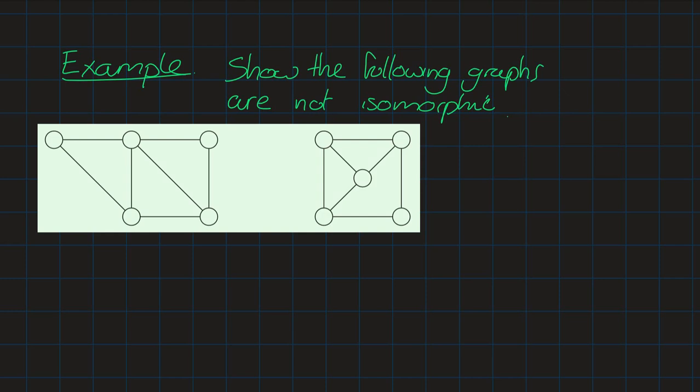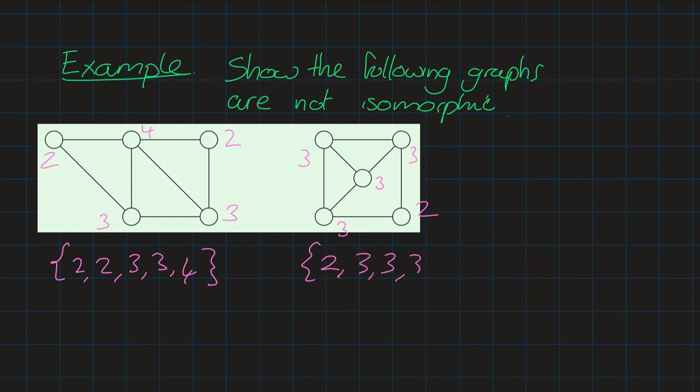Now maybe let's turn to the next criterion. Maybe let's look at degree sequence. So if I work out the degrees, that's degree 2, 4, 2, 3, 3. And on the right, the degrees are 3, 3, 3, 3, 2. So the degree sequence of the one on the left is 2, 2, 3, 3, 4. And the degree sequence of the one on the right is 2, 3, 3, 3, 3.